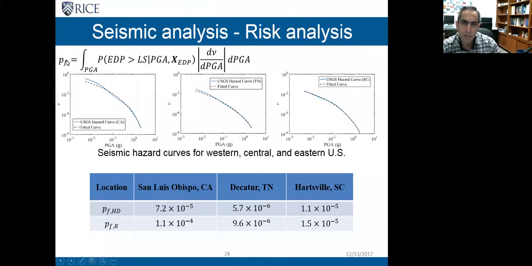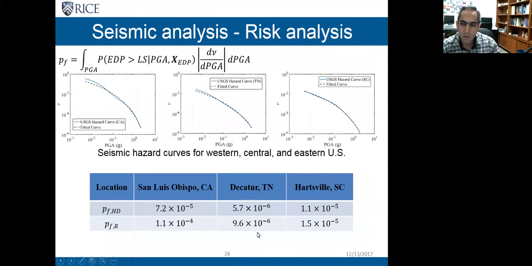And I have calculated this integral to estimate the annual risk for large horizontal displacement and for large rocking angles. If we look at the numbers which show the risk, we see that the risk is 1 order of magnitude larger on the West Coast, which is expected because of the seismicity of the region.